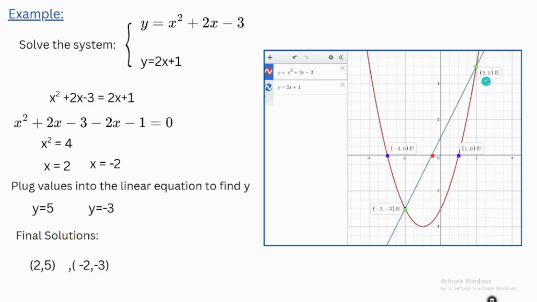The green points are the intersection points between the parabola and the straight line. They are the ordered pairs (2, 5) and (-2, -3). This is the solution of the whole system. There is a difference between the solution of the system and the solution for the parabola.